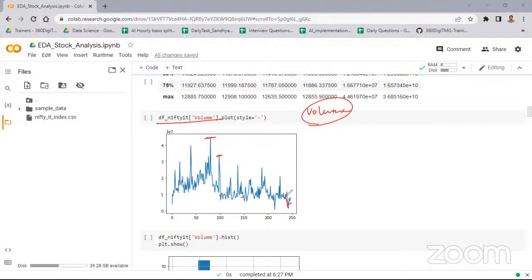Now it came down and then again it is going up. Now in the current situation, it is again going up. So there are many variations. It is going up and again decreased, and now it is constant, again going up. So the plot gives us the details with respect to the variation in the time series data.